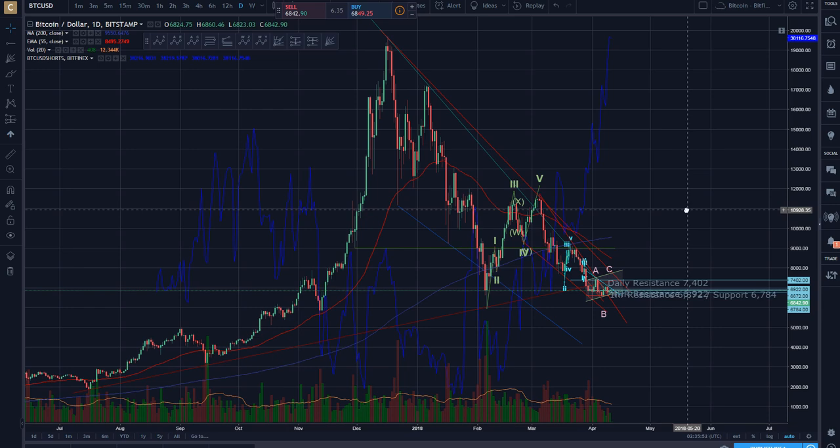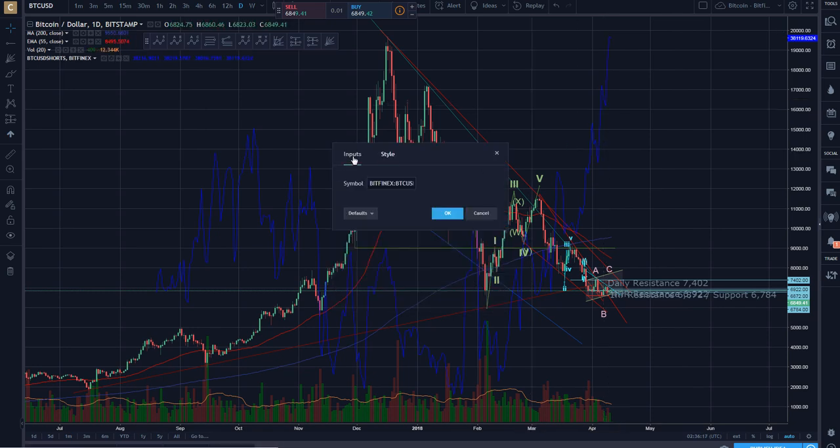Now, somebody new to the market may say, wow, the shorts are rising. Right? So if I read the symbol correctly, it's called BTC USD shorts, right? And if I understand this properly, this is the amount of shorts versus longs going on in the market, right?